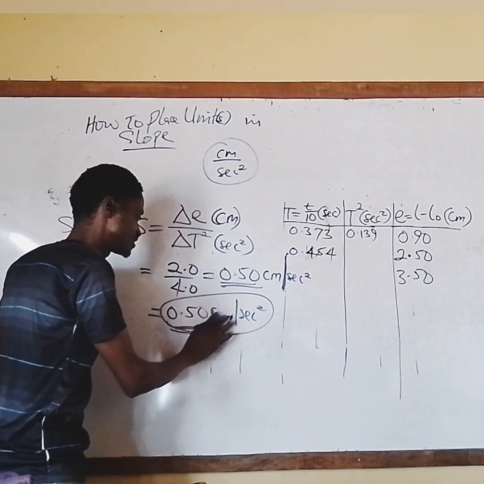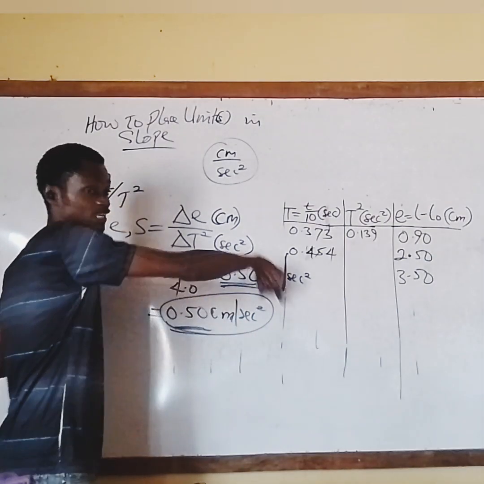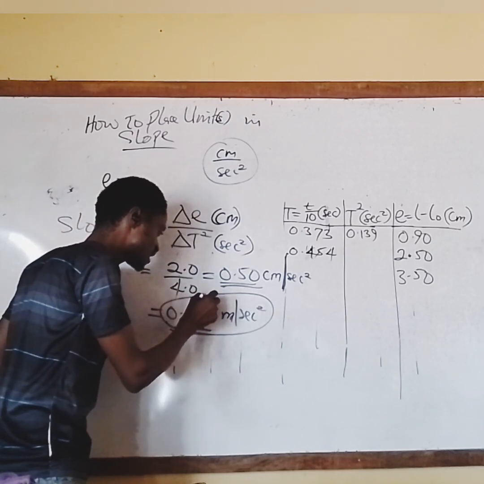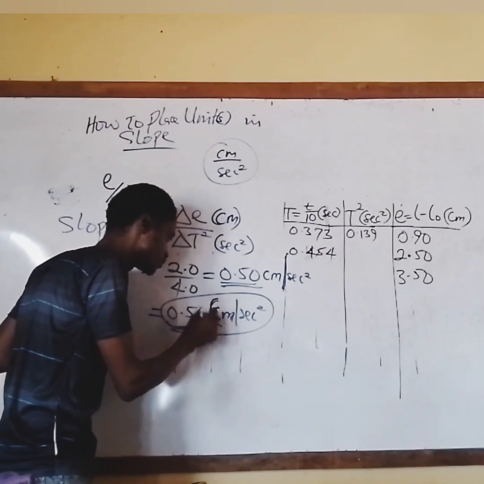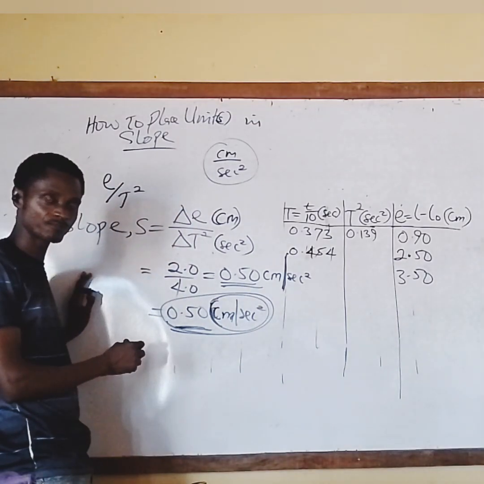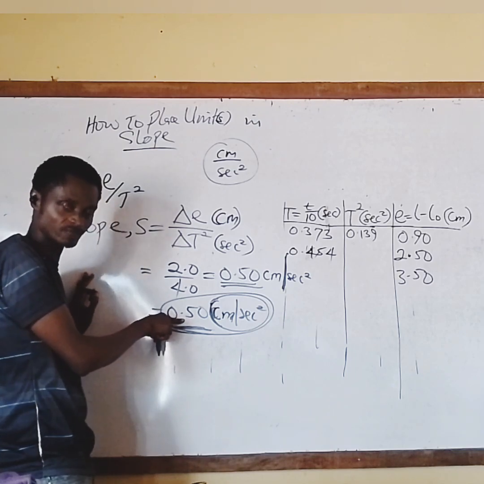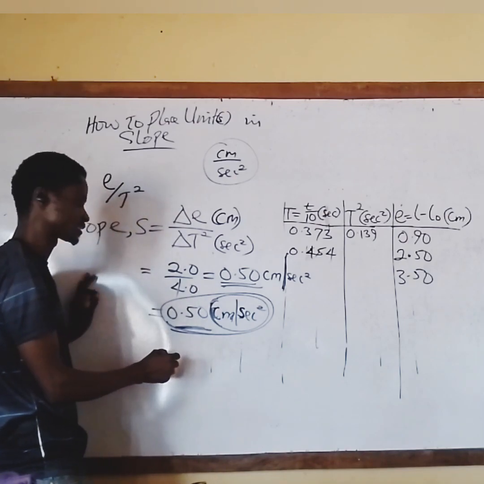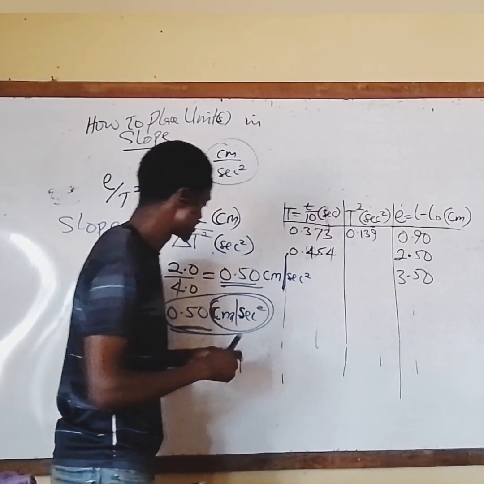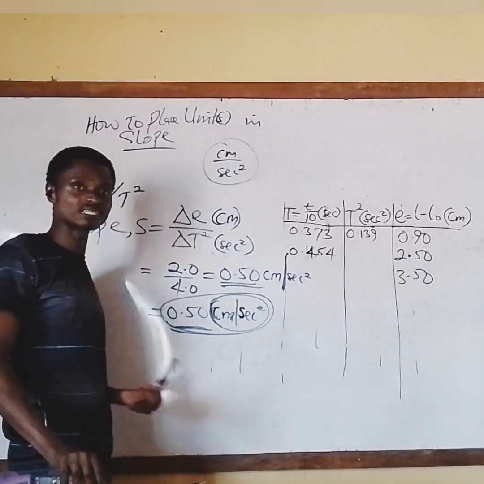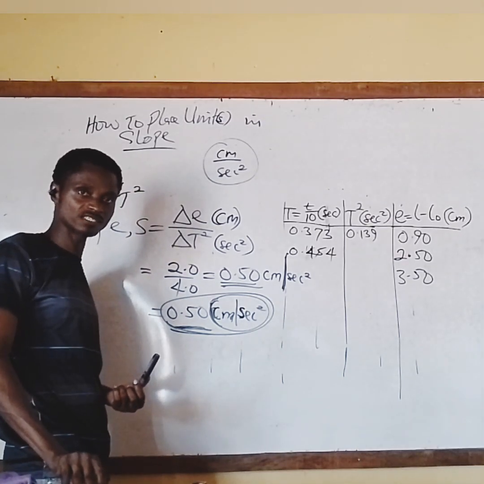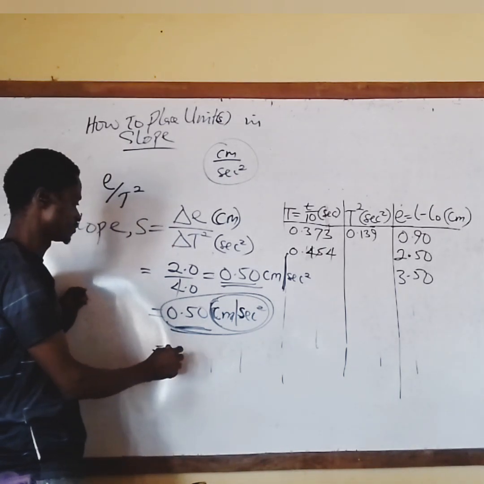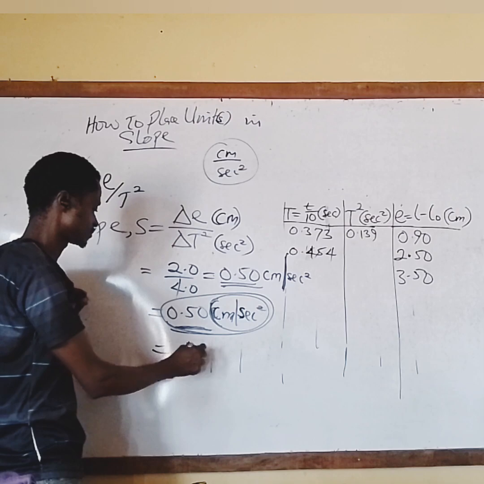If you look at this, it is centimeter per second squared. It is representing something. This centimeter per second squared is what you are going to use to judge the question, not the value itself. Now, centimeter per second squared is the same thing as acceleration. Is that okay?